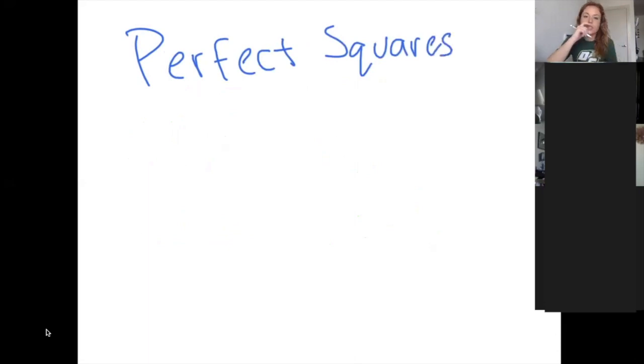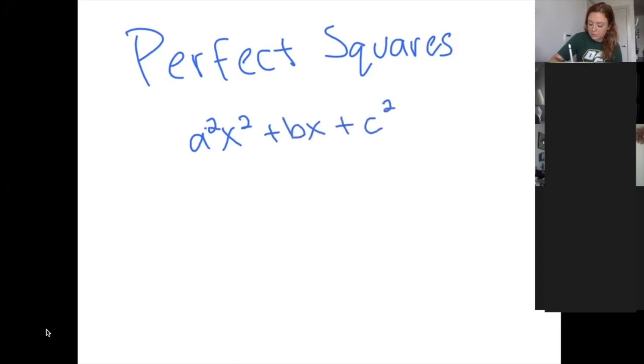Okay, this is the third section this week. Perfect squares is where you have an a that's a perfect square, like a squared number, x squared plus b, and c. There's not necessarily an actual formula for this, but that's kind of what it would look like. You would see an a that's a perfect square and a c that's a perfect square.